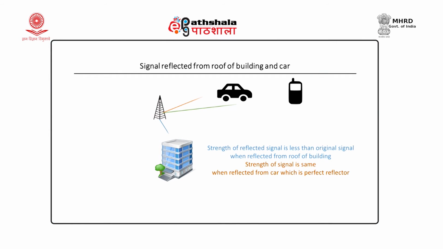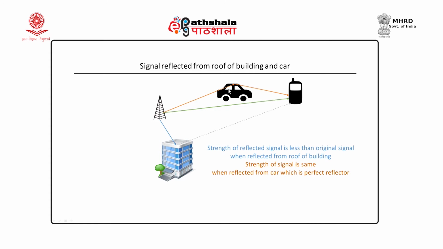As I just said, for short range communication, other objects like cars and buildings offer reflection. You can see that the car is a perfect conductor, a metallic body. Firstly the line of sight signal came, then the signal from the car came, and you can see in the diagram that there is very little decrease in the strength of the signal when it is reflected from the car.